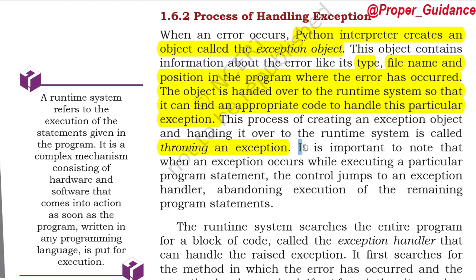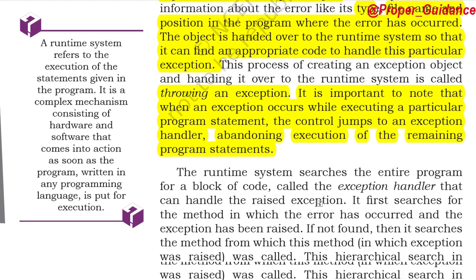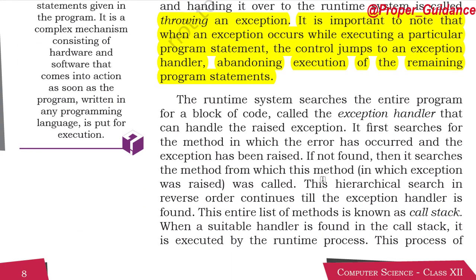It is important to note that when an exception occurs while executing a particular program statement, the control jumps to an exception handler, abandoning execution of the remaining program statements. This is the entire process. The runtime system searches the entire program for a block of code called the exception handler that can handle the raised exception.